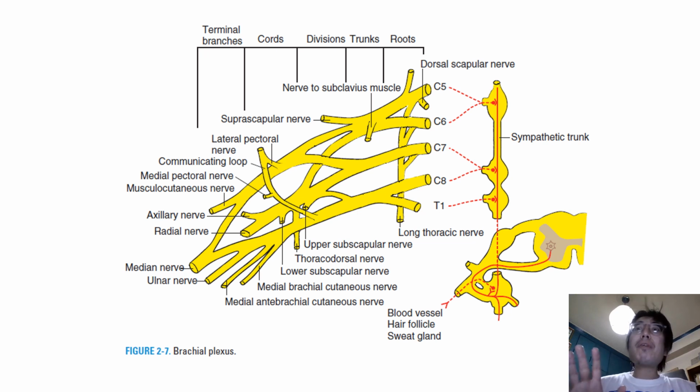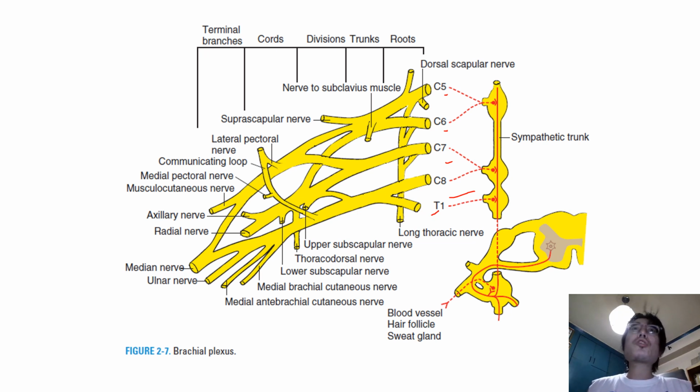That was the simplified schematic, which may be enough for now, but we will now go into the details of the brachial plexus. The brachial plexus is formed by the ventral primary rami of the lower four cervical nerves, C5, C6, C7, C8, and the first thoracic nerve, T1.